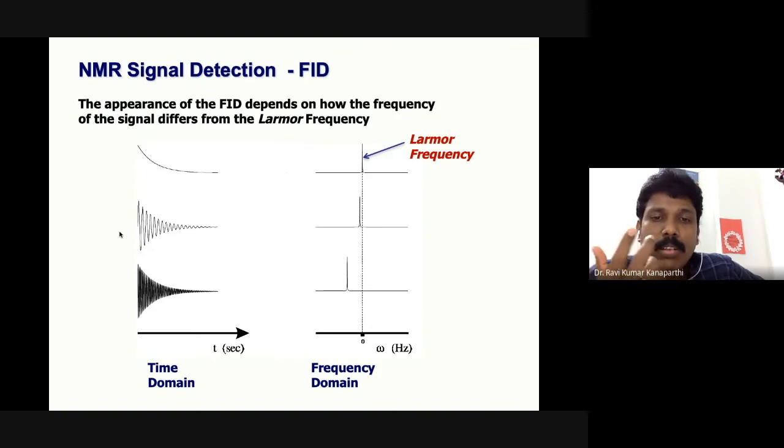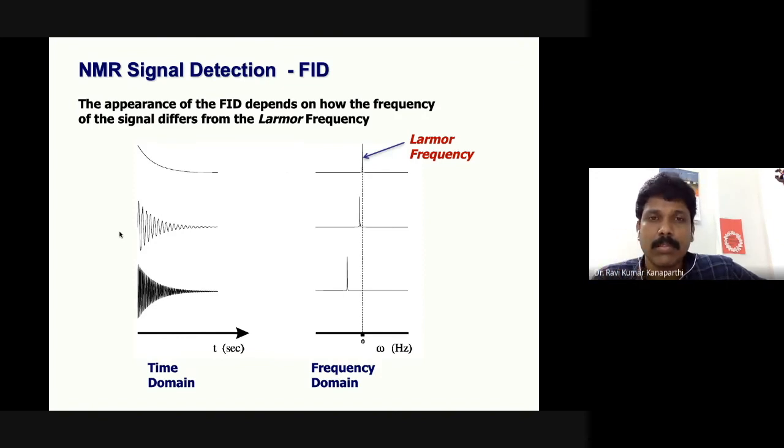So what people do is that these FIDs are converted into frequency data. As I told you, FID is a free induction decay, which is nothing but a recording of how the net magnetization vector behaves after application of the radio frequency pulse.